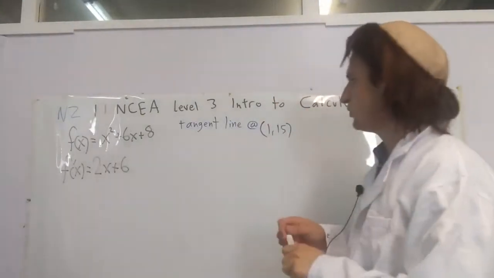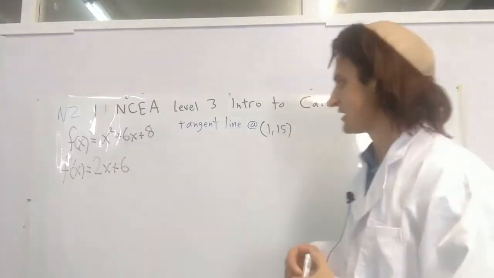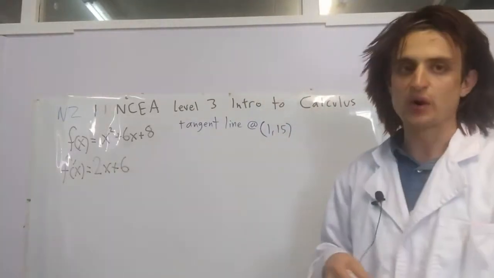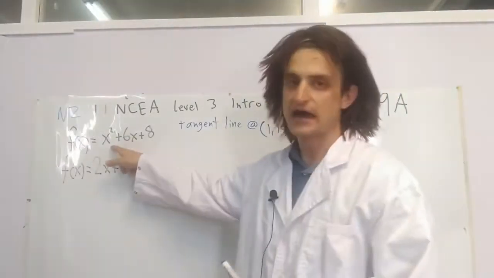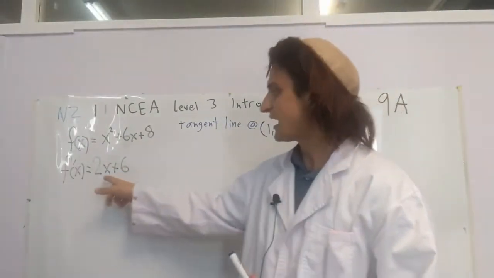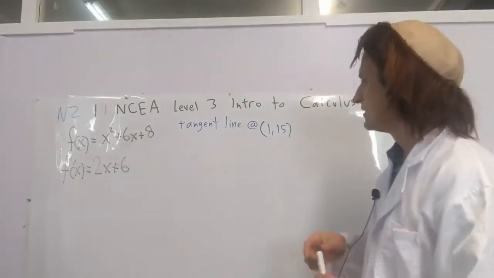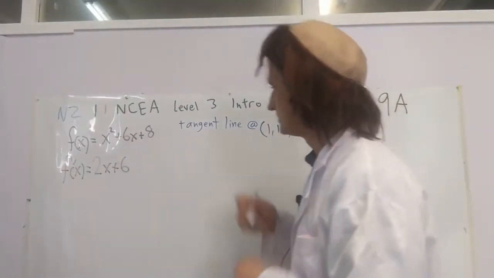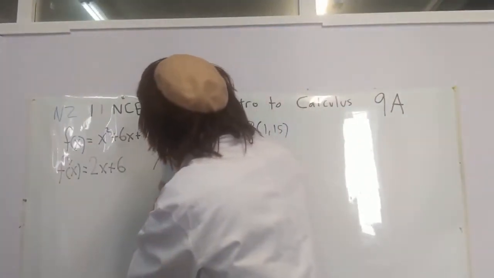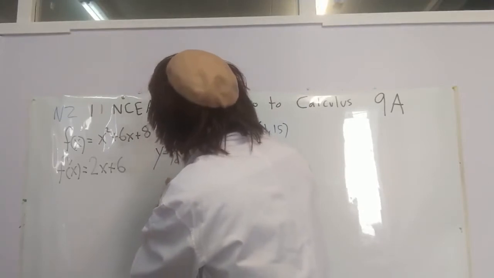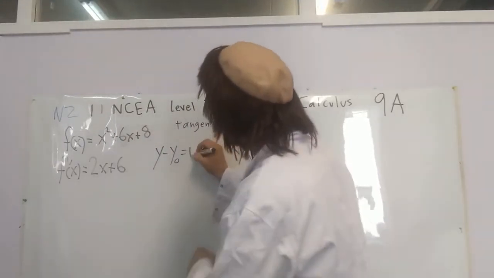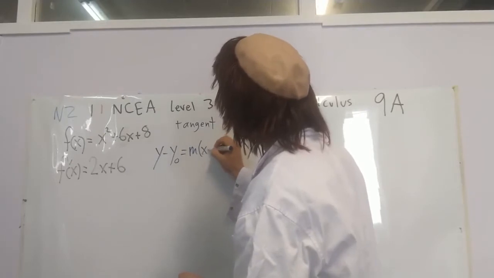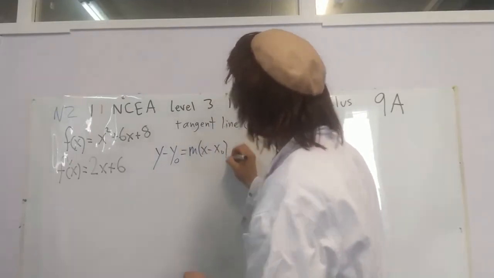Okay, so now we have to find the tangent line at this point, (1, 15). We have our function and we have its derivative. We know the equation of a line is y minus y naught equals m times x minus x naught.